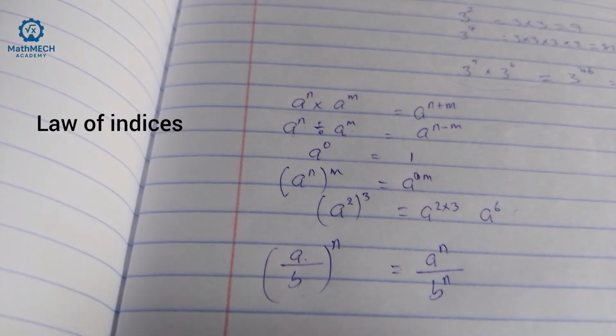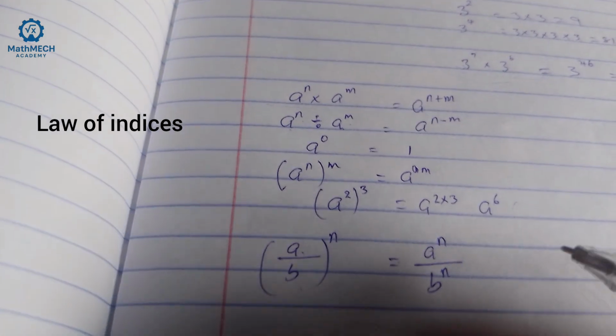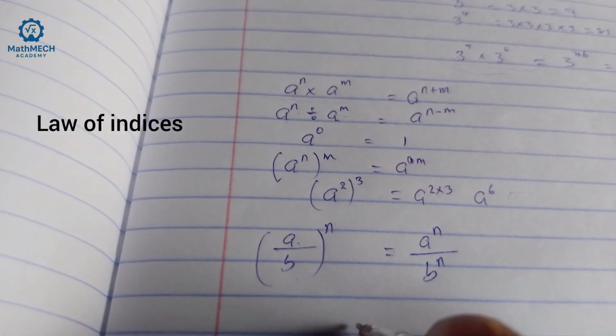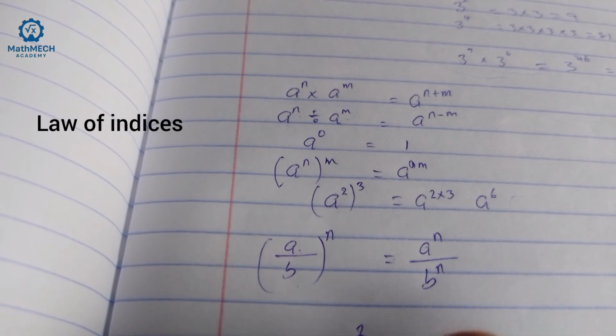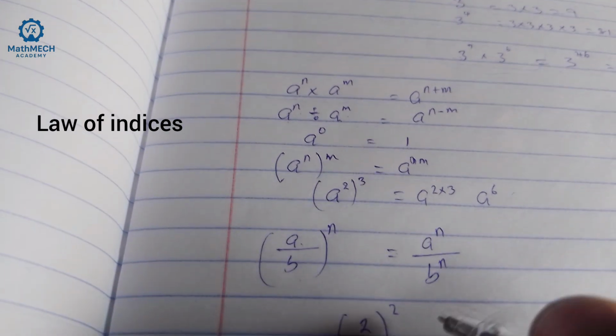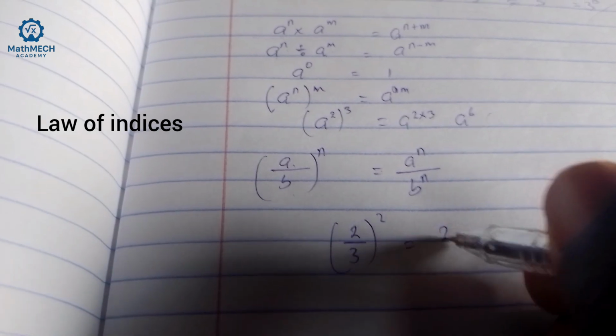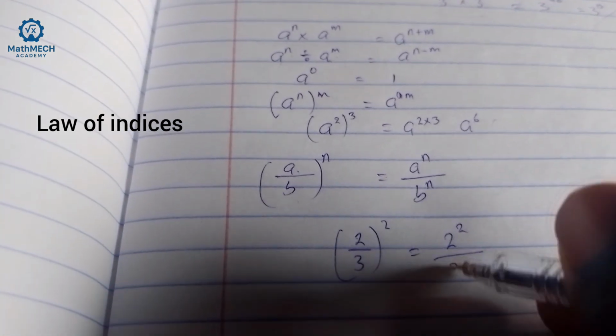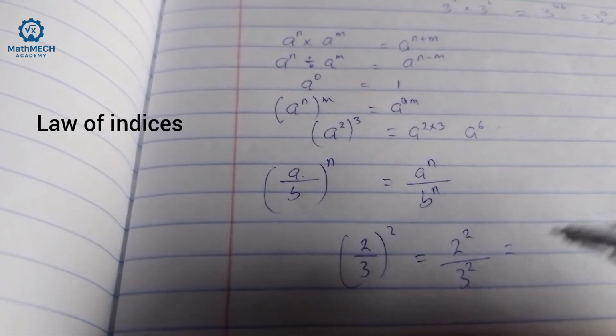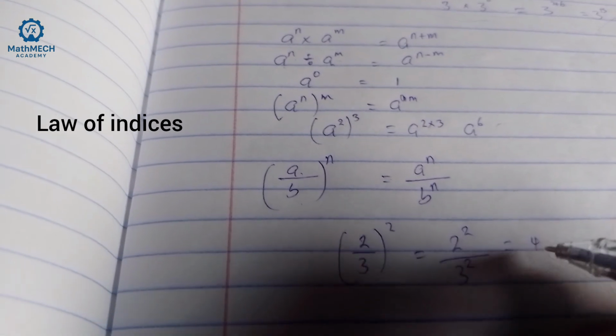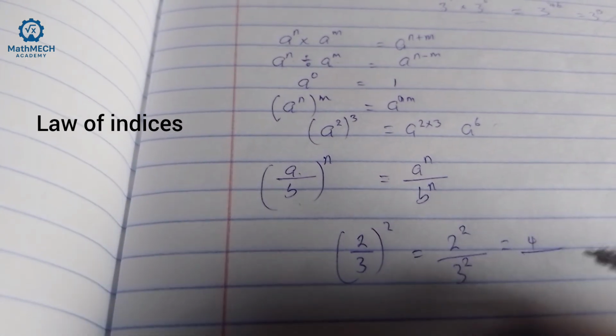Alright. So let's give an example. Let's say we have 2 all over 3 raised to the power of 2. The final answer is going to be 2 raised to the power of 2 all over 3 raised to the power of 2, which is 2 raised to the power of 2 is 4. 3 raised to the power of 2 is what? 9.